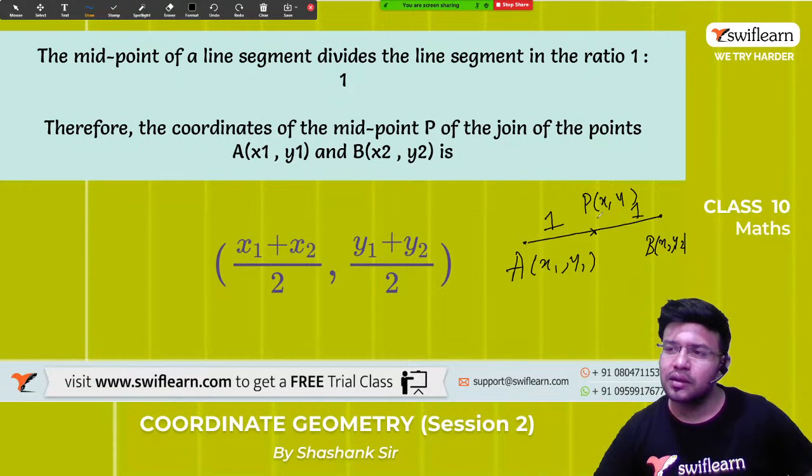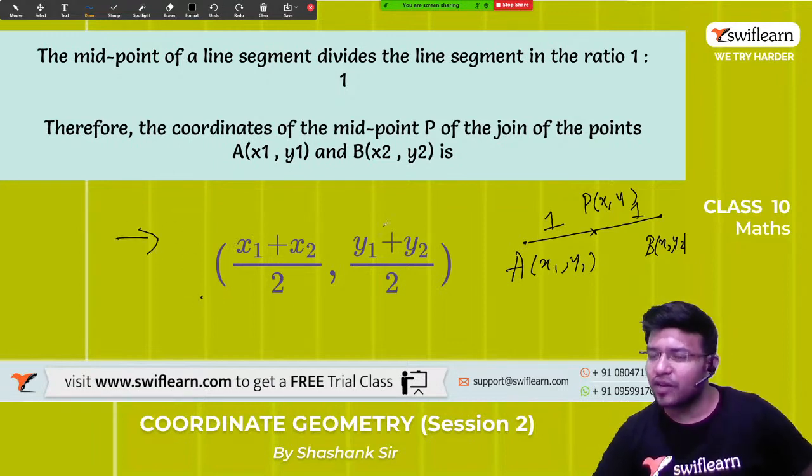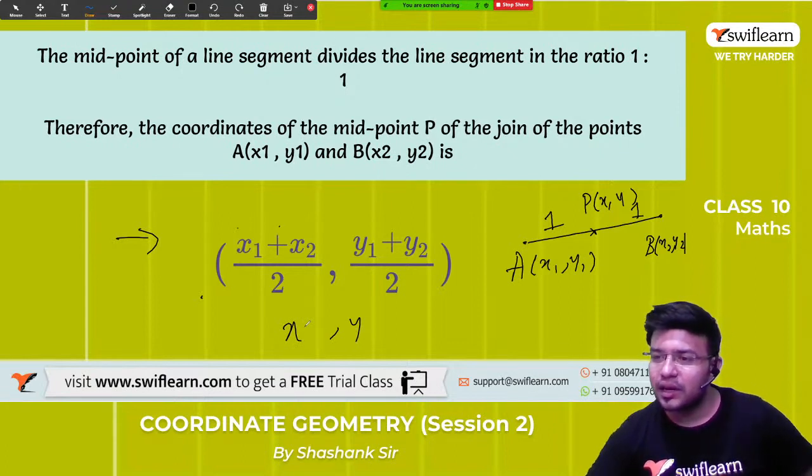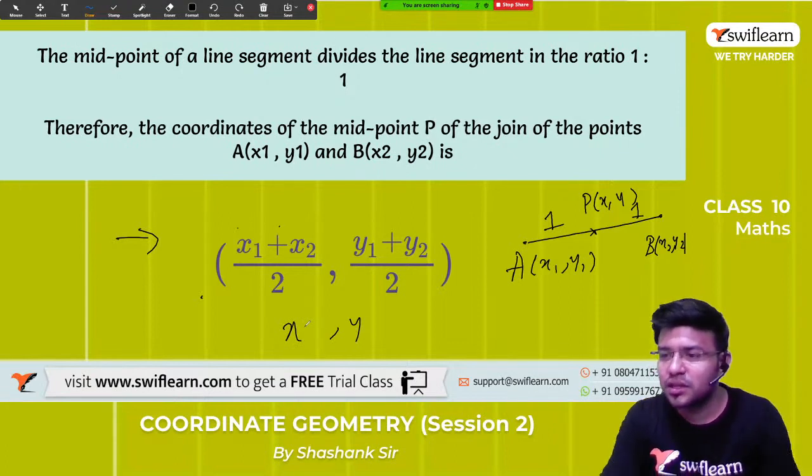What are we going to get? m1 x2, we will get 1 into x2, plus m2 x1, 1 into x1, divided by m1 plus m2, 1 plus 1 is 2. Rearranging and writing like this, similarly we also get this for y. So rearranging them, we get (x1 plus x2) by 2, comma, (y1 plus y2) by 2. What are these? These are the x and y coordinates of the point P. Okay? Did you understand this?